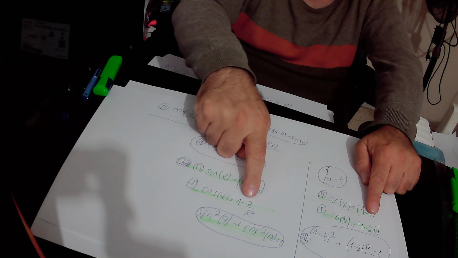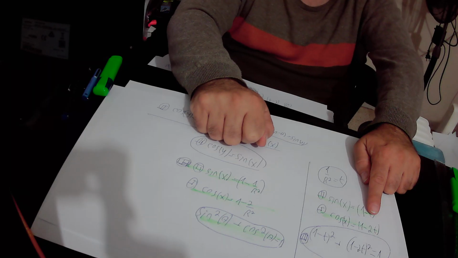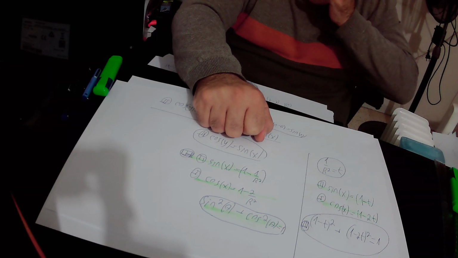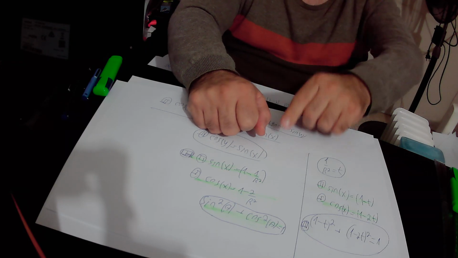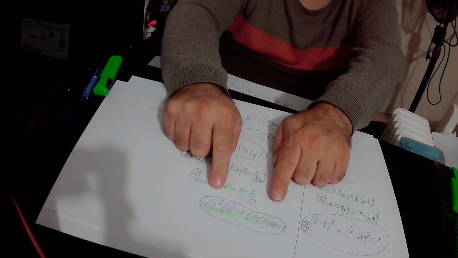We substituted 1 over r squared by t, and we found out in conclusion that cosine x equals 1 minus 2t.